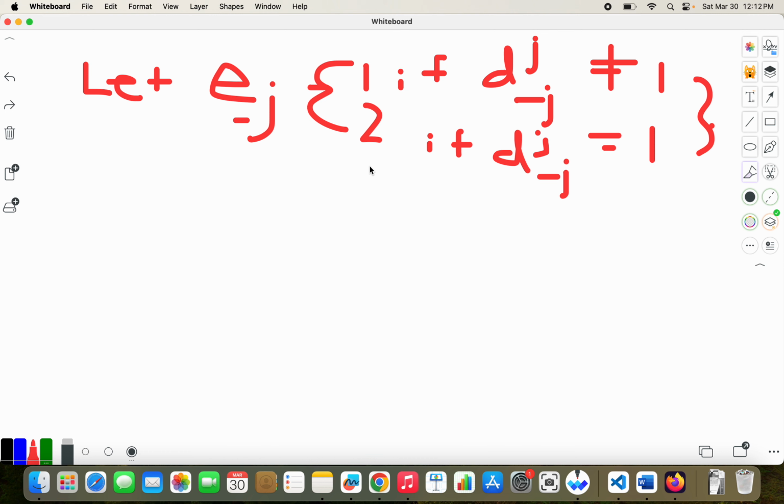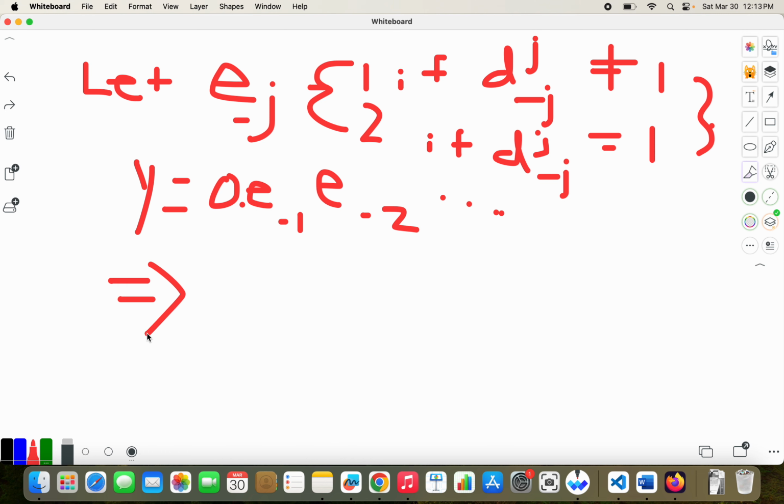Let y equal this. Since all the e_j's are either 1 or 2, they're definitely non-zero, so this is non-zero. This is either 1s or 2s.